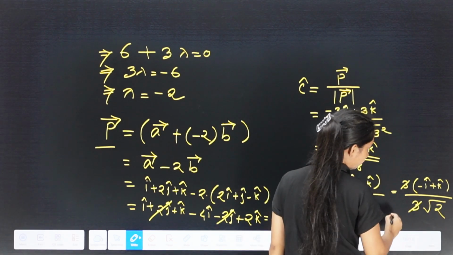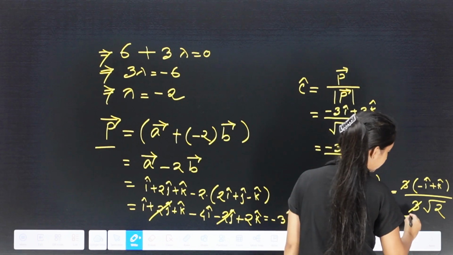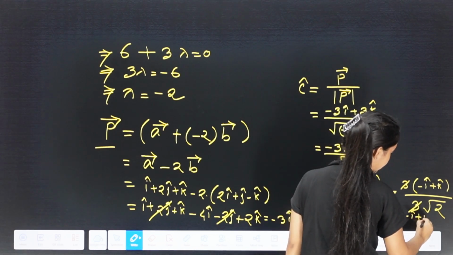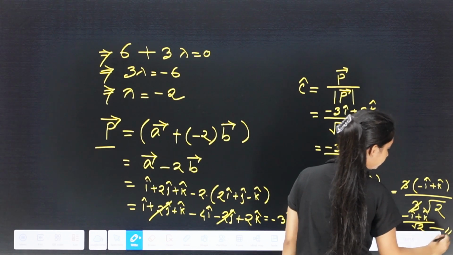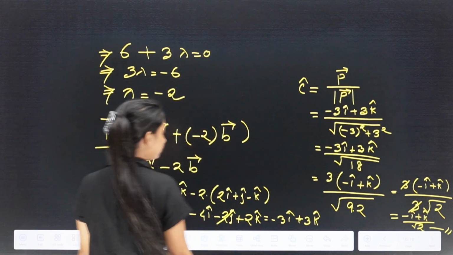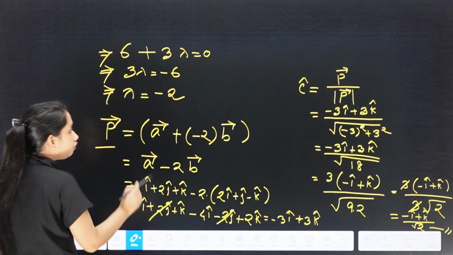So 3 cancels, and it would be minus i plus k by root 2, which is the given answer. That is the unit vector.